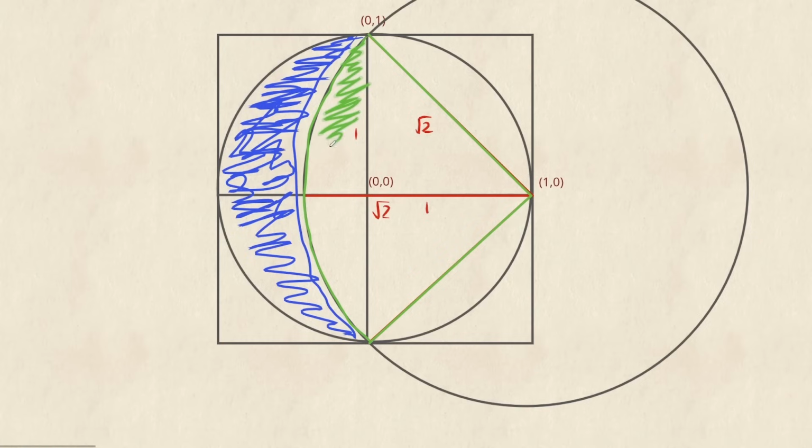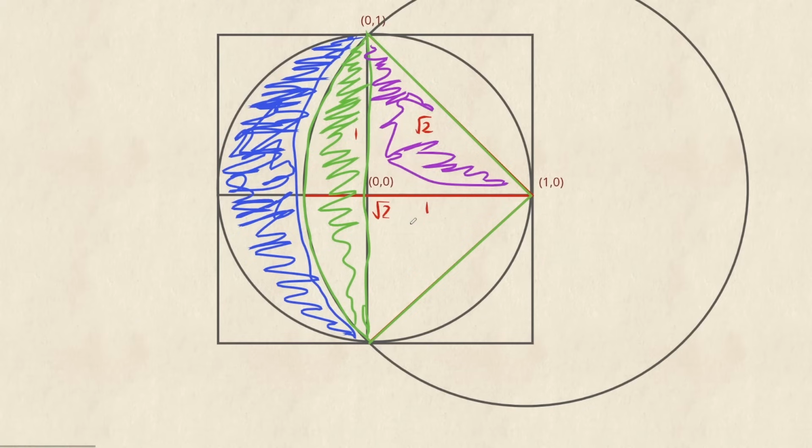So we need to calculate this green area. In order to do that, we will calculate the area of two triangles and subtract that area of two triangles from the area of the quarter of the circle that we have.